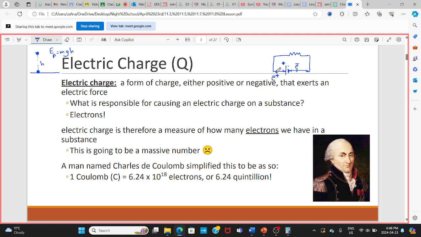So the positive part has a higher potential and the negative has a lower potential. That's why the positive charge is moving like that, right? The same concept as from higher gravitational potential to lower gravitational potential. Everything in nature goes toward lower potential energy.